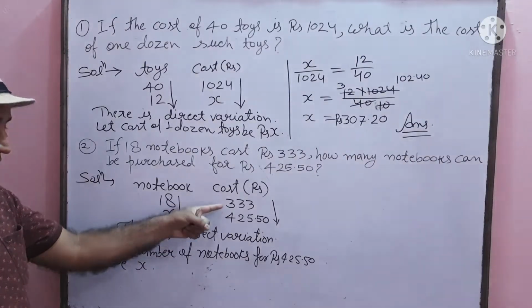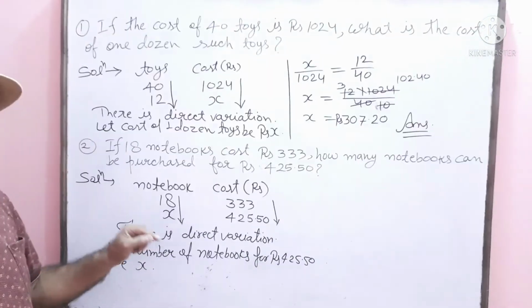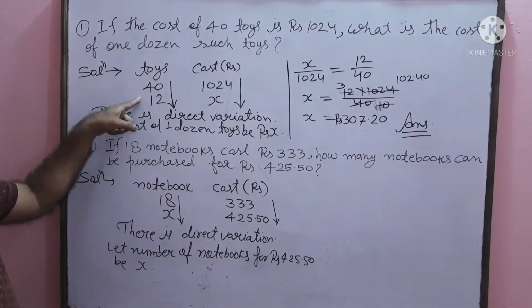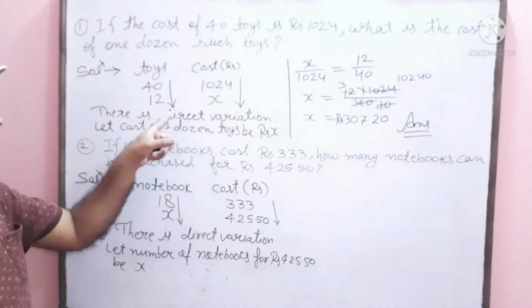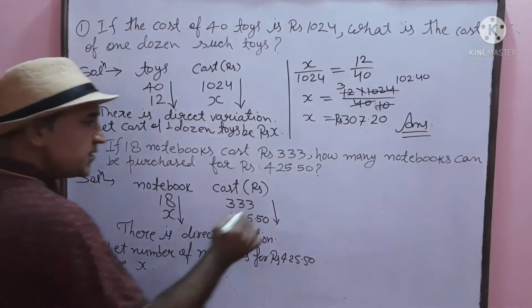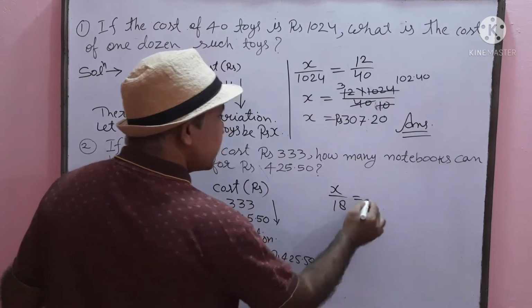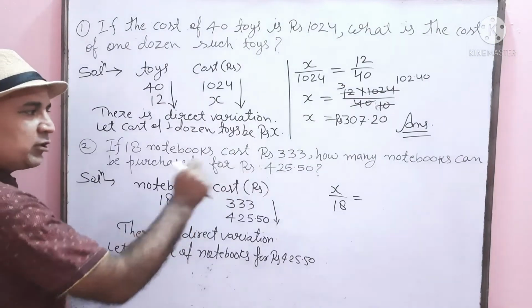If one quantity is increasing, and the other quantity is also increasing, there is direct variation. In the previous question we have seen one quantity is decreasing, then the second quantity is also decreasing, so there is direct variation. Okay, and how to solve this? X upon 18 is equal to: the number which is in the direction of the arrow, make it numerator.